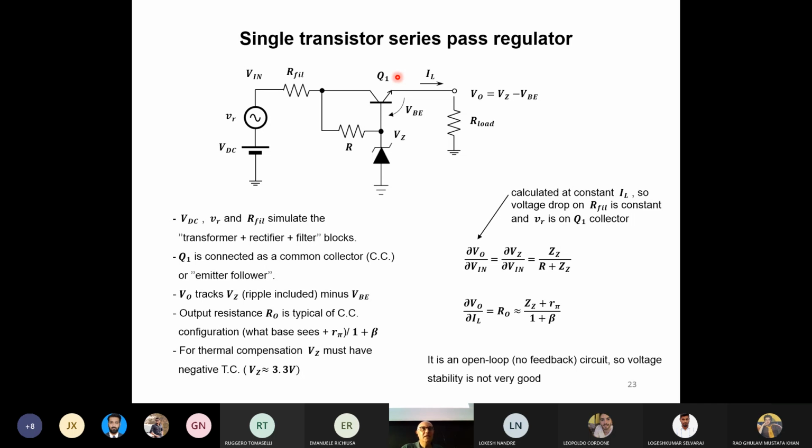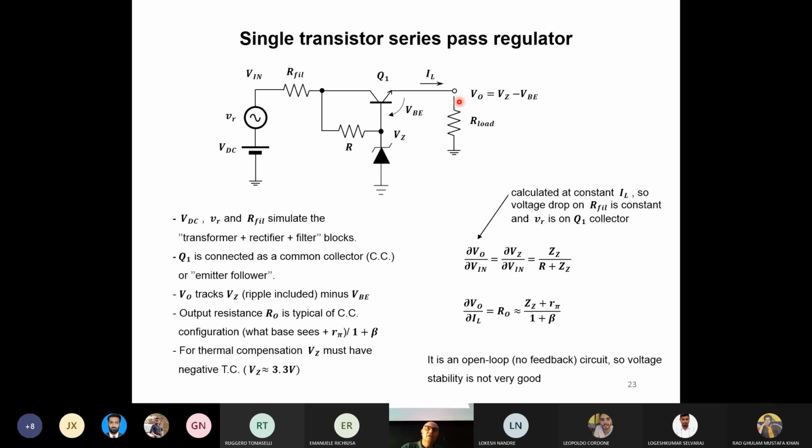So for instance, let's play with a beta of 50. 1 amp divided by 50 means 20 milliamps of base current, which can be comparable to the bias current for the Zener diode. So when I choose the Zener diode and its bias current, I must forecast what will be the use for the transistor and how much current the transistor will supply.